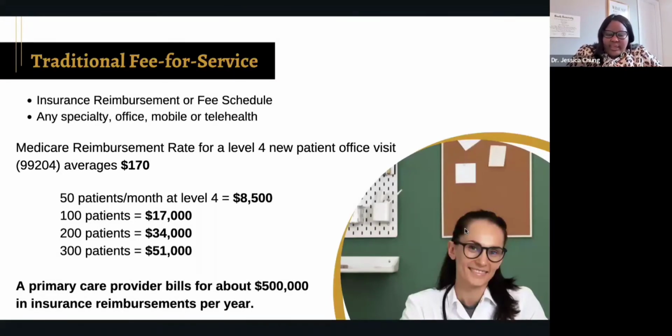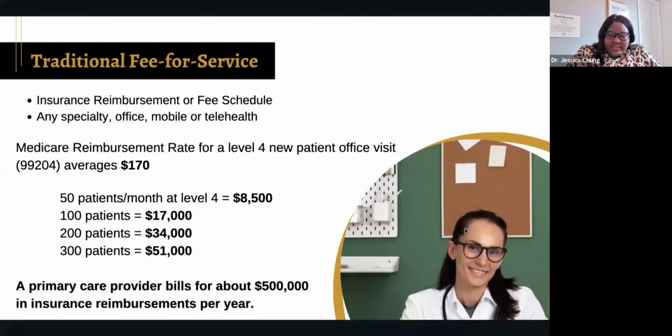So if you had about 50 patients a month, and let's say you were charging on average $170 for a visit, which is not uncommon for healthcare services to charge that rate or even more, or if you are going to submit a claim to the insurance company, at 50 patients a month at a level 4 visit, you're bringing in about $8,500.